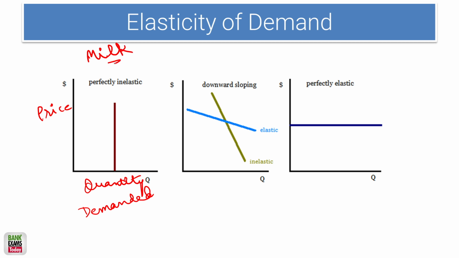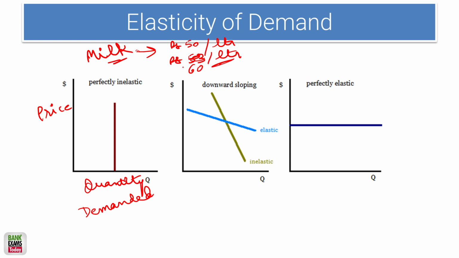It is not purely inelastic, but sort of inelastic. The price of milk is rupees 50 per liter. If its price goes to rupees 52 or 53 per liter, would you stop buying milk? No, you'll still be buying the milk. Even if it goes to rupees 60, would you stop buying milk? No. Maybe you will demand less quantity of milk, but you'll still be demanding milk.